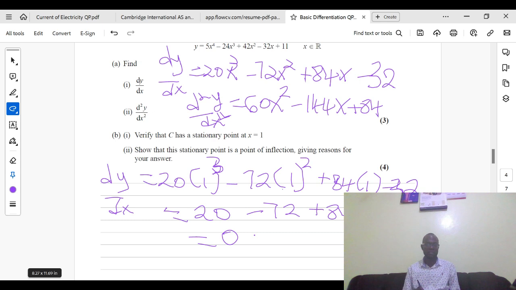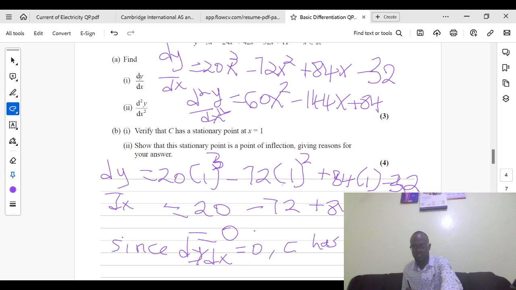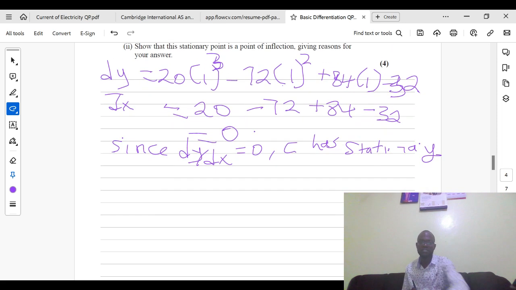You give the final statement that since dy/dx is equal to 0, C has a stationary point at x equals 1. That will give you full marks.